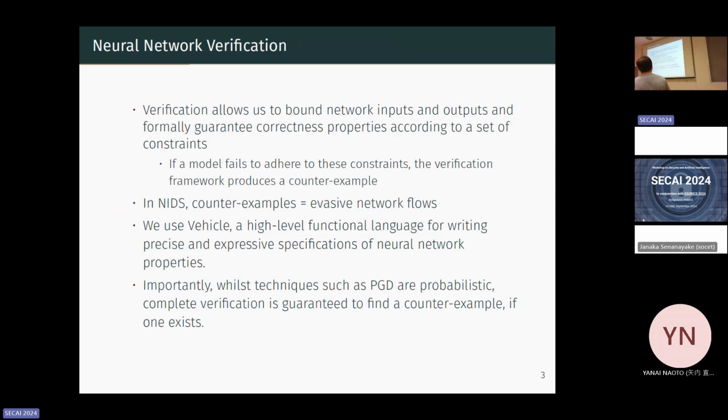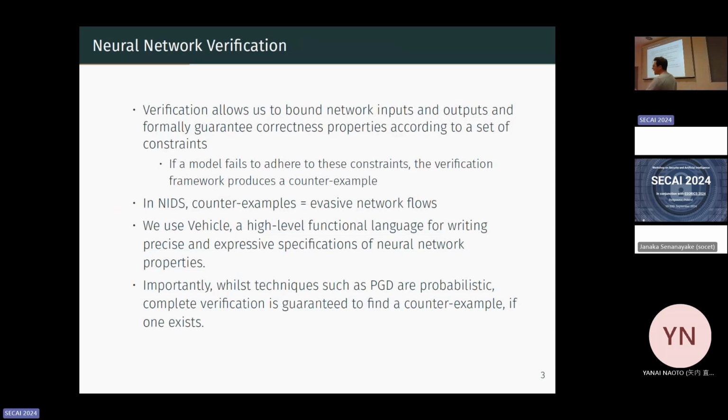We can bound inputs and outputs in certain ways according to certain conditions and formally verify whether a neural network adheres to those. Typically these frameworks produce a counterexample if they don't adhere to those constraints, and this counterexample is going to become the basis for our adversarial examples later.